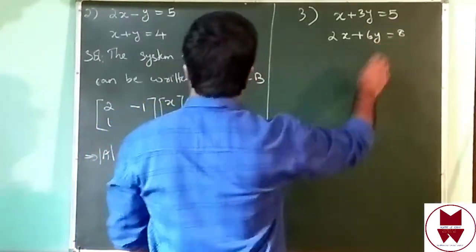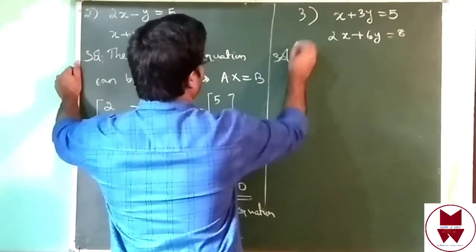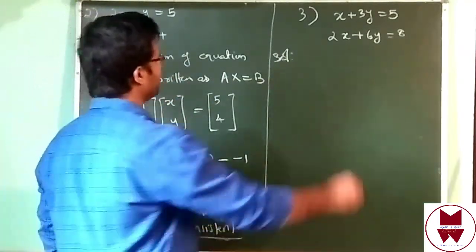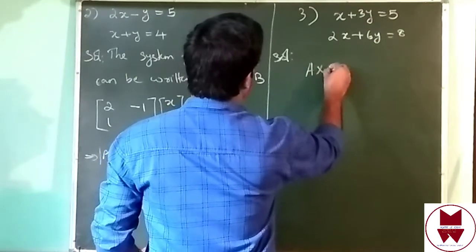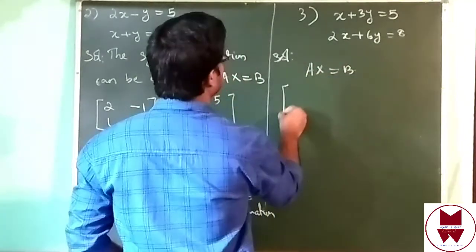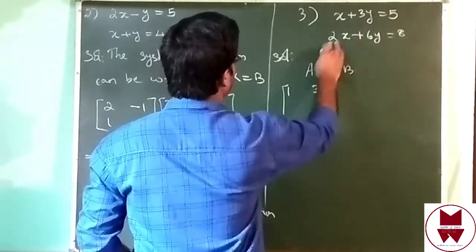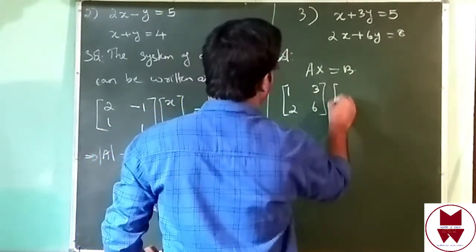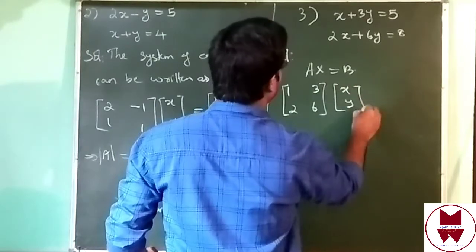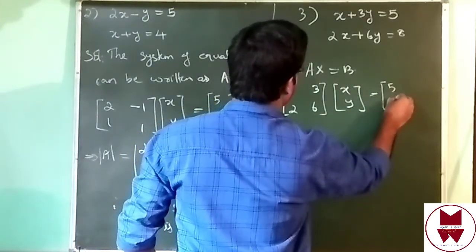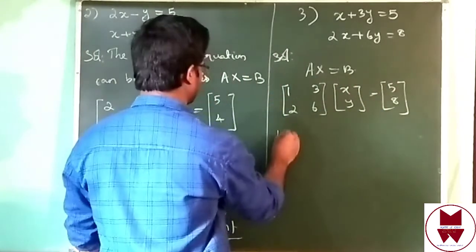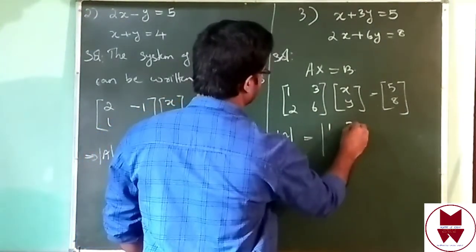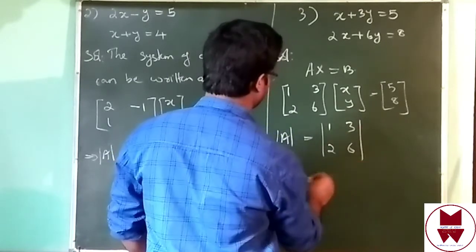Then next, question number 3. We can write the same. The given system of equations can be written as Ax equal to B. Then A means 1, 3, 2, 6, into x means x, y, equal to 5, 8. Then the determinant of A: 1, 3, 2, 6.